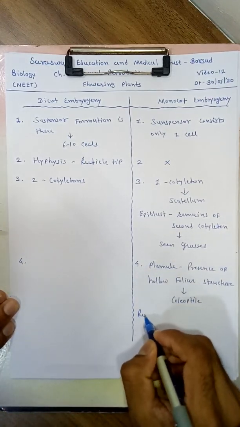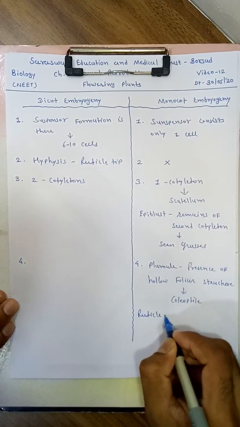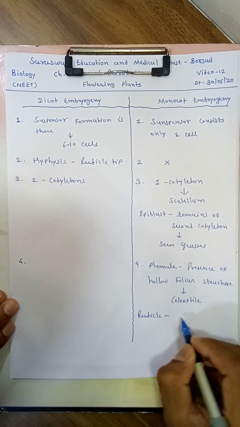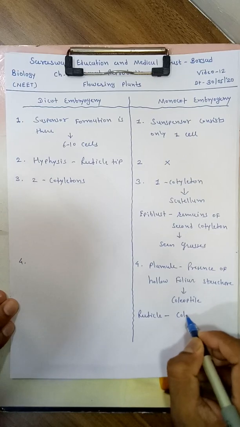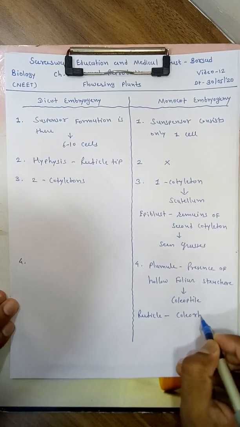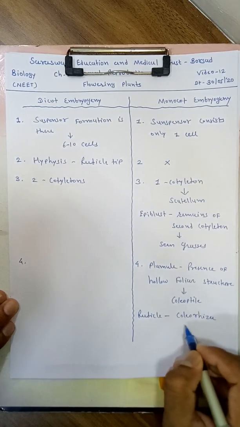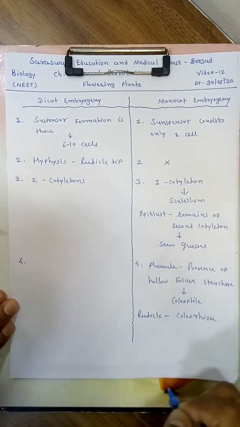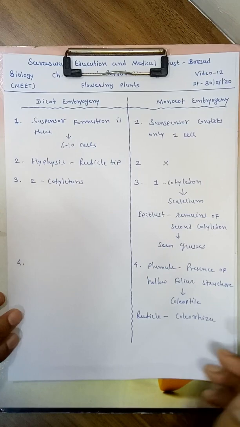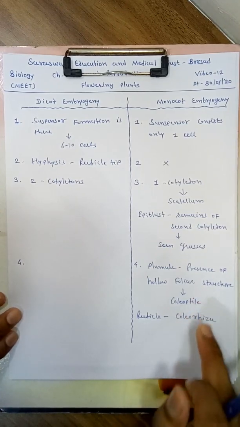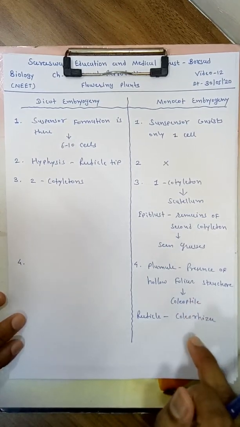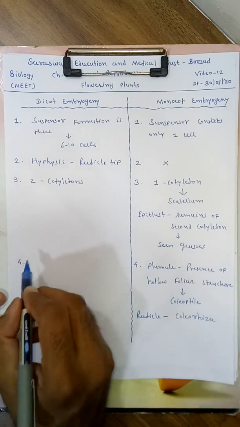Likewise, radicle is also covered by coleorhiza. ભ્રૂણમૂળની ફરતે પણ તમને કવરિંગ જોવા મળશે એને આપણે શું કહીએ છીએ? ભ્રૂણમૂળચોલ. So this type of coleoptile and coleorhiza is absent in dicots.